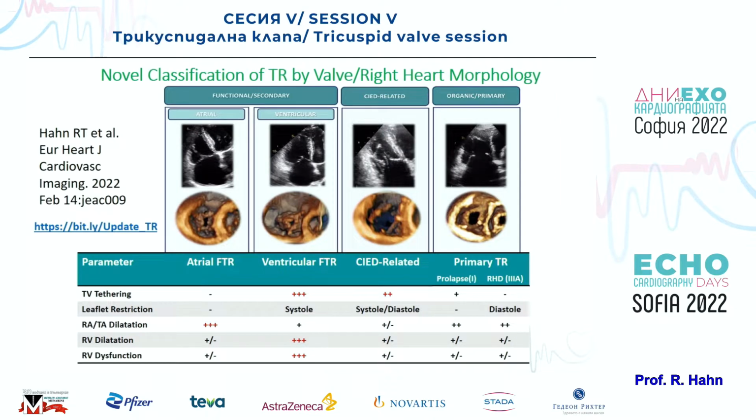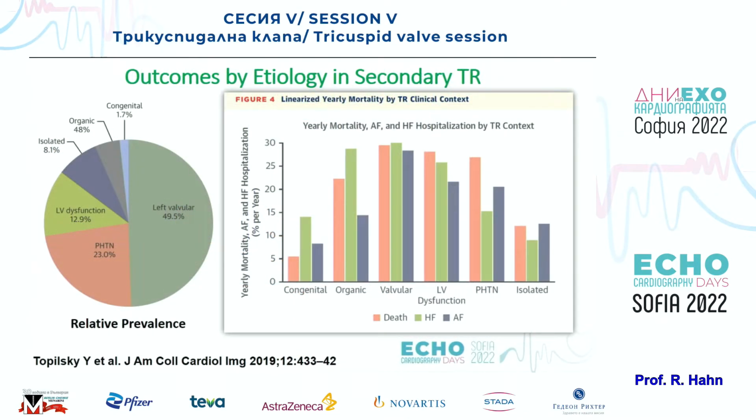And this is just a pictorial of the new classification of TR by right heart morphology and valve abnormalities. And you can see again that we've now divided functional disease into atrial functional and ventricular functional. CIED-related TR is its own category, and then primary disease, as we have always categorized.